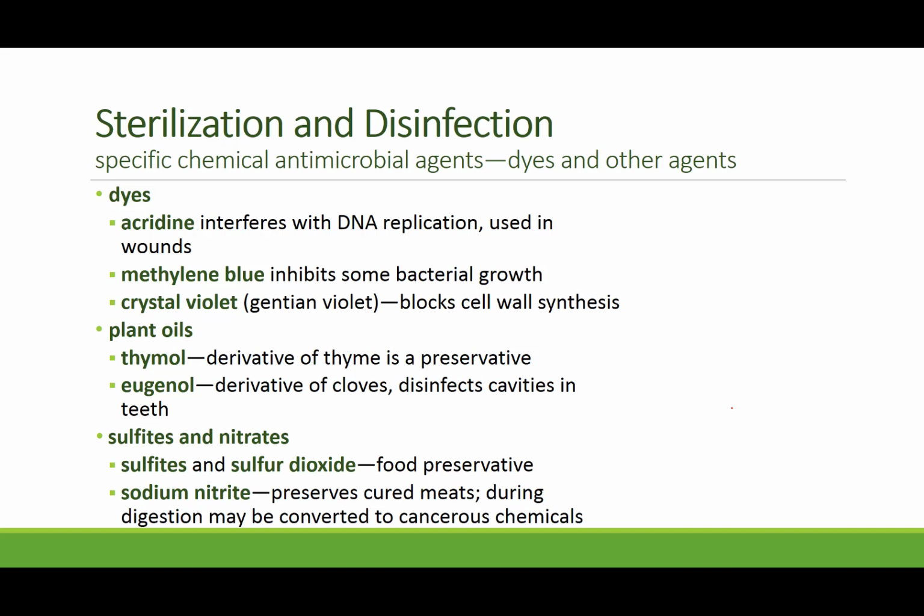So lots of canned meats or salamis and bolognas, those kind of sliced meats that you buy at the deli, may have been cured or preserved with sodium nitrite. And there are issues with nitrates and nitrites and sulfites as well. So people have reactions to them, and they're associated with some diseases.